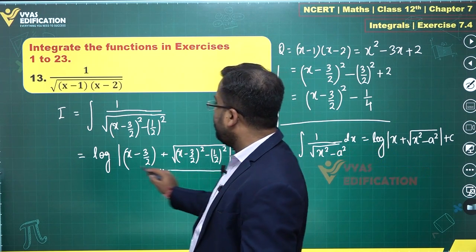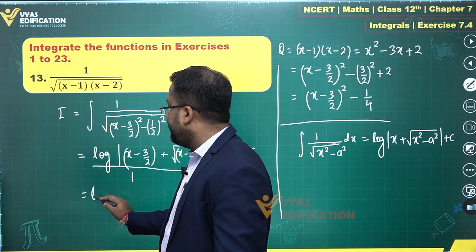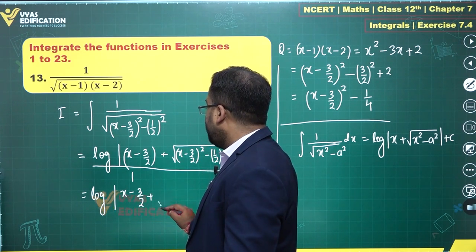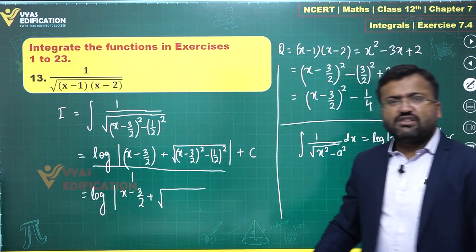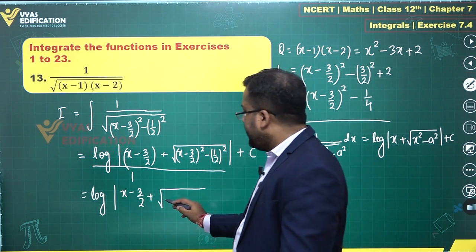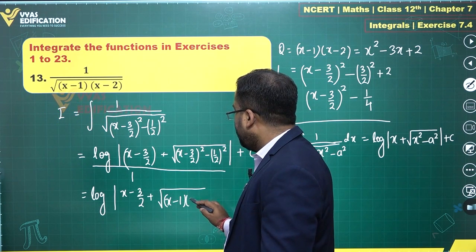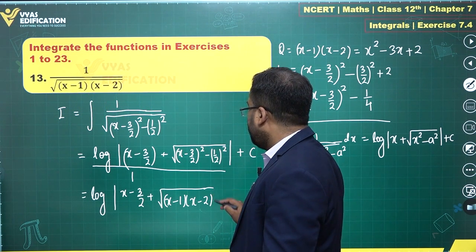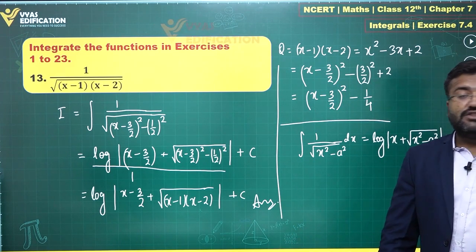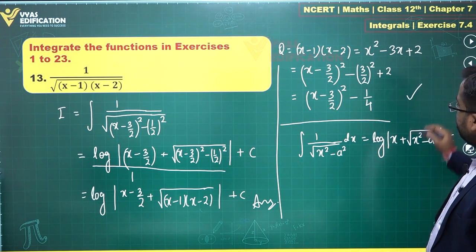Coefficient of x is 1, we divide by 1. This is pretty simple. This simplifies to log of modulus x minus 3 by 2 plus under root of this whole expression. Now, what is this whole expression equal to? Oh, this was nothing but this only. Yes. So, I can write it as x minus 1, x minus 2 modulus plus constant term, and that is the required answer.